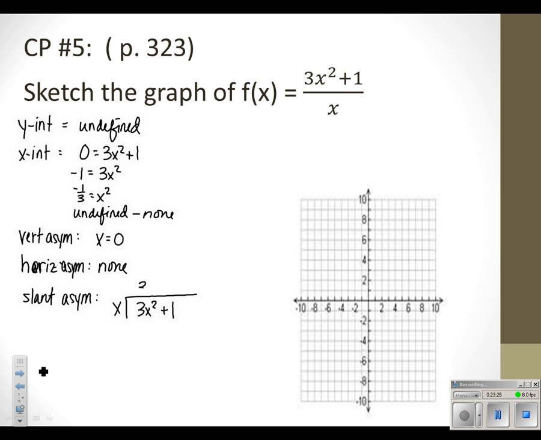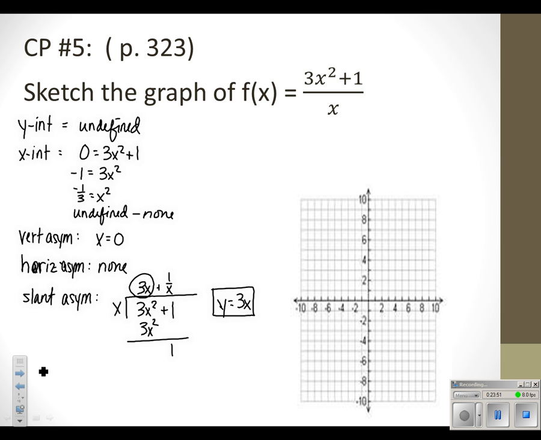So 3x, it goes in and leaves us with 1. So our remainder is 1 over x. The factor part, which is this part, becomes our y equals equation. So y equals that part creates our slant asymptote line.